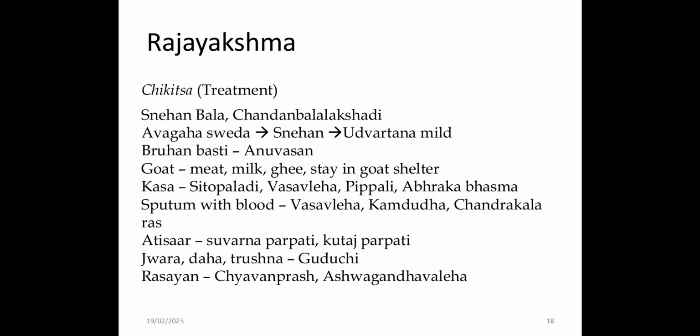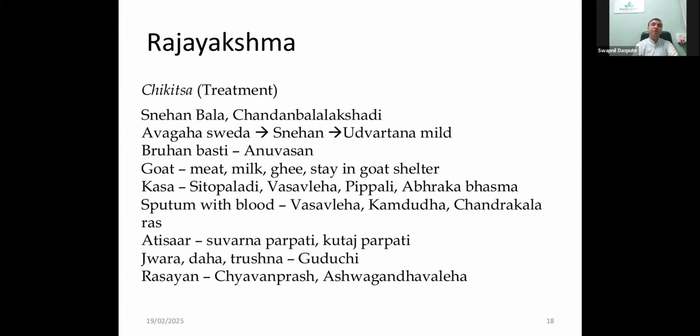Thank you. So for Snehan, Bala for internal use; for external Snehan, Bala oil or Chandan Bala Lakshadi oil can be given. External Snehana helps give strength to the tissues, and more importantly, pacifies Vata.